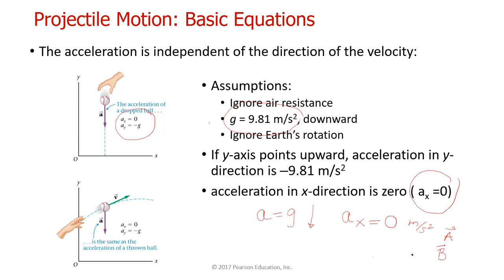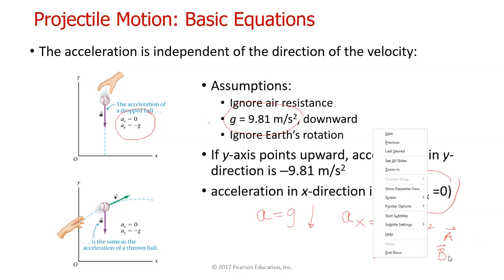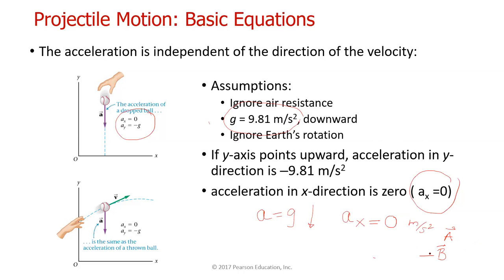We know that if vector B is something like that, then we know Bx is the same as here, but By, the y component, is 0, right? Remember? Okay, same story here. So that's why this acceleration's x component is 0.